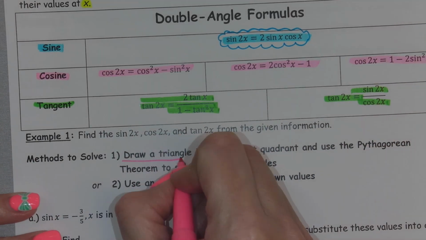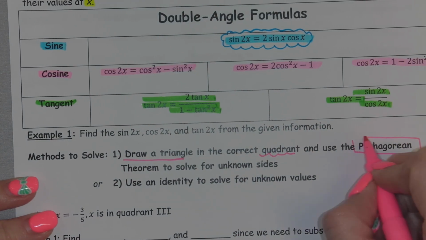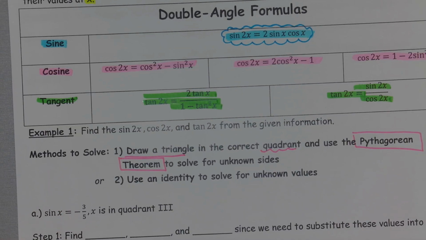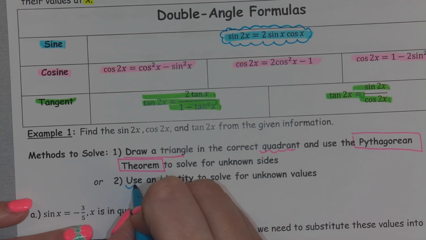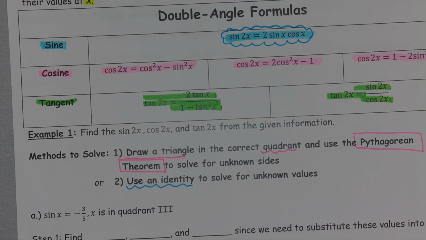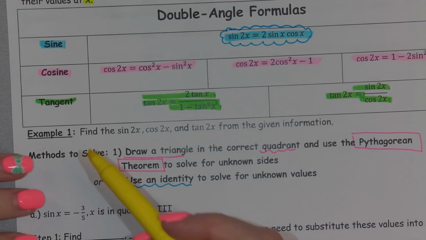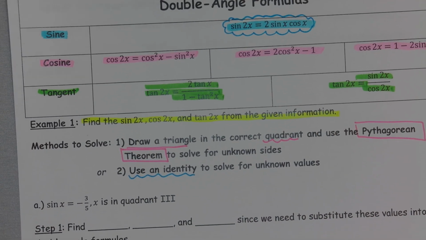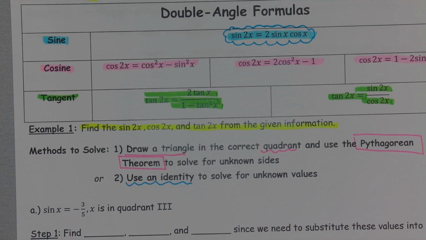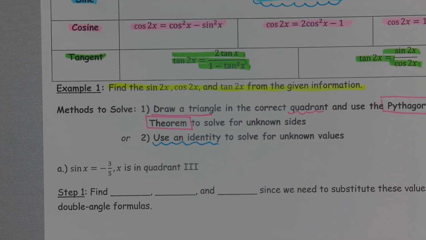Okay, so you can draw a triangle in the correct quadrant, and we're going to use the Pythagorean theorem to solve for our unknown sides. Okay, the second thing is you could use an identity to solve. The nice thing about method 1 is that it is always going to work. Okay, so method 1 is always going to work no matter what. And then sometimes the identities are a little bit harder.